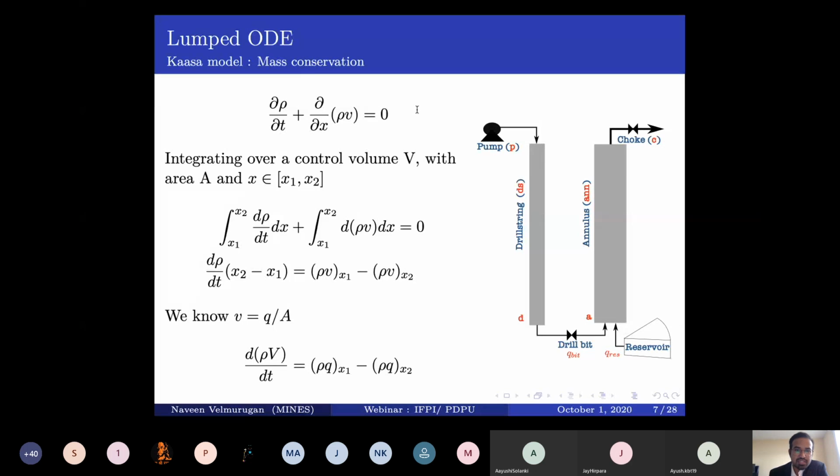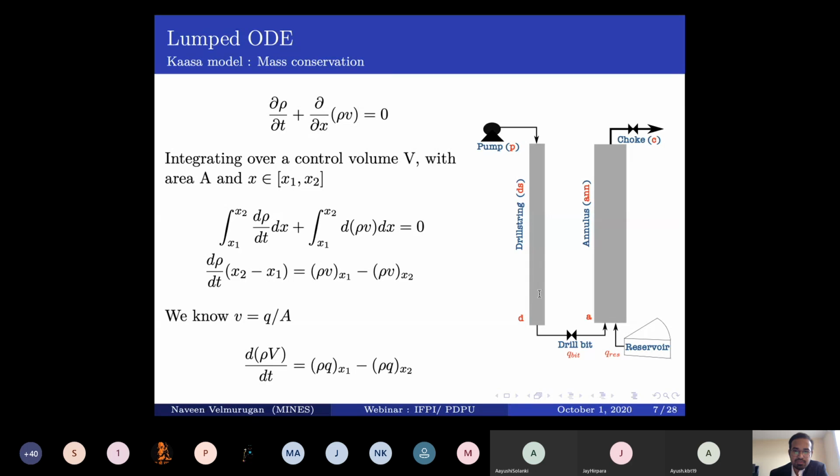This is the general representation of the mass conservation in a distributed form. Now, if you integrate this particular equation over a control volume with an area, this particular volume has an area A, and the length x goes from x1 to x2. Just take the drill string as an example.